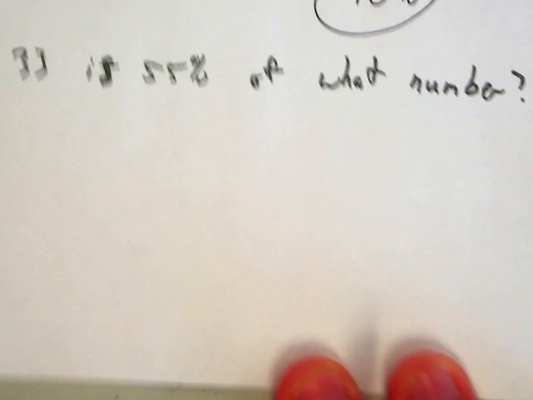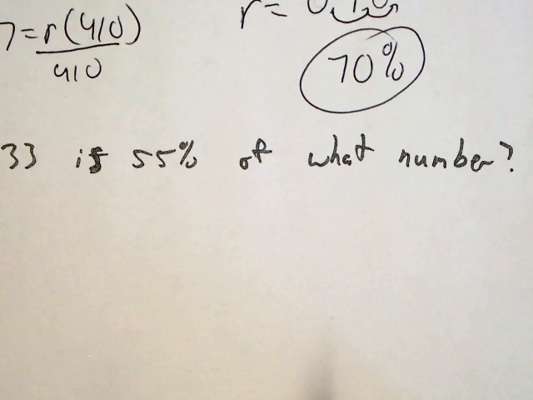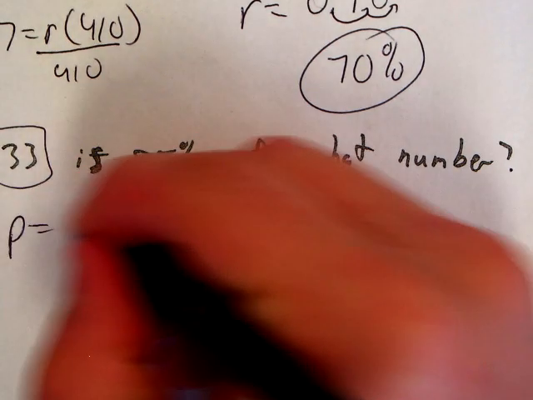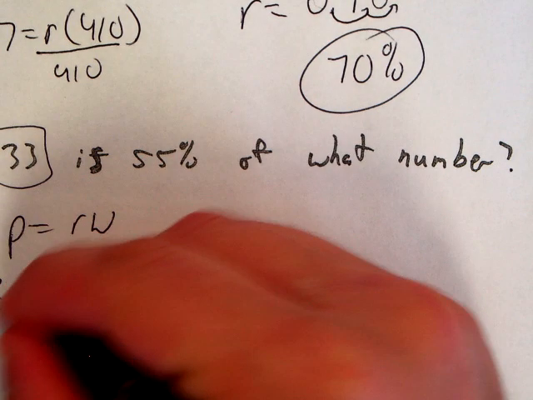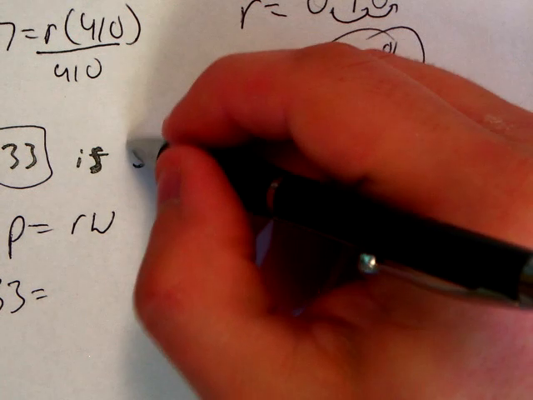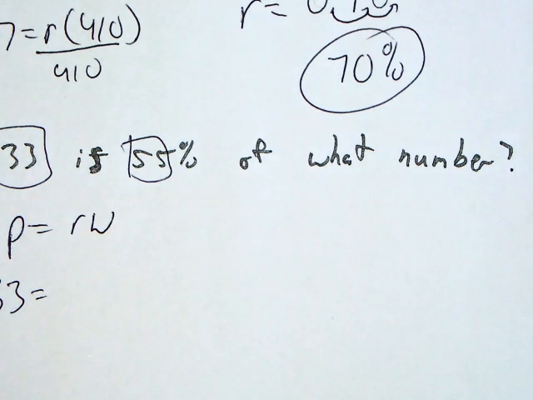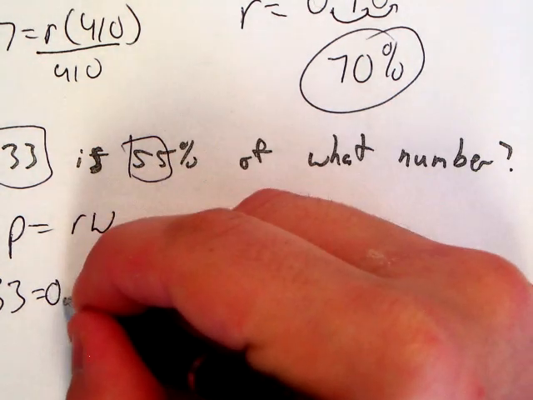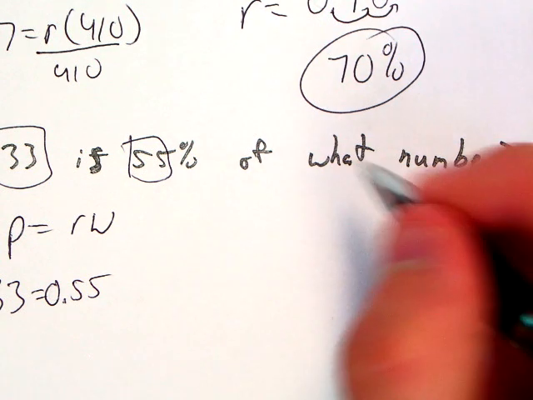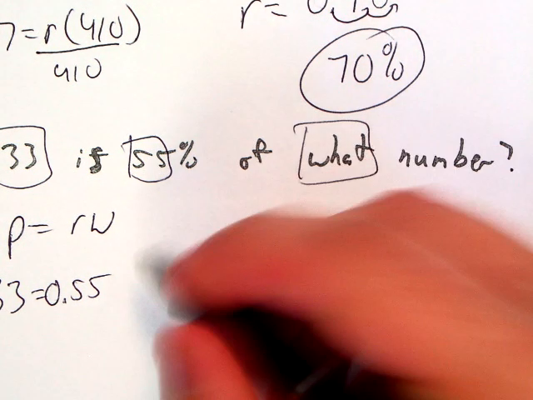Now the last example on this side. Example 3, it says 33 is 55% of what number? Again, 33 is the part. So I'm going to substitute 33 in for that. 55% is the percent, so I'm going to use 0.55. And then of what number?